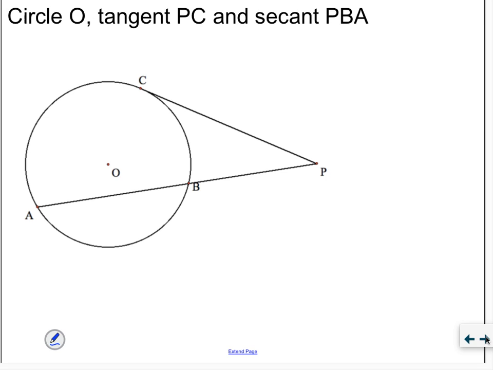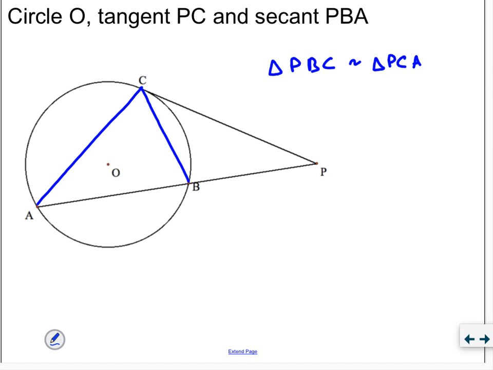In this case, we have circle O, tangent PC. Remember, a tangent intersects a circle in one spot. And secant PBA. Again, I'm going to draw in two other chords. And what I want to do now is show that triangle PBC is similar to triangle PCA.